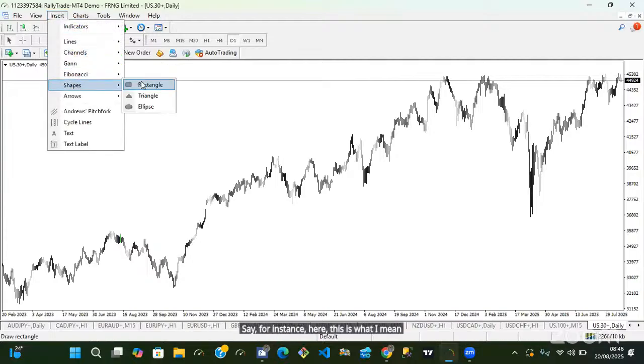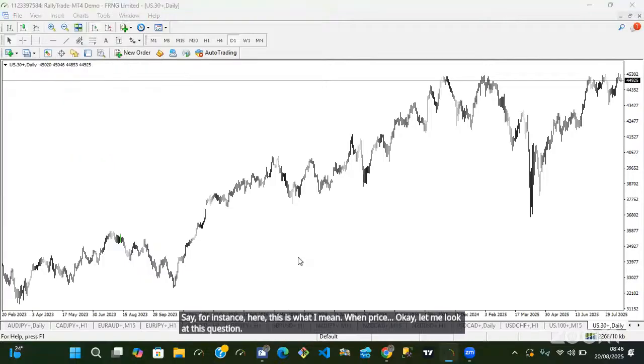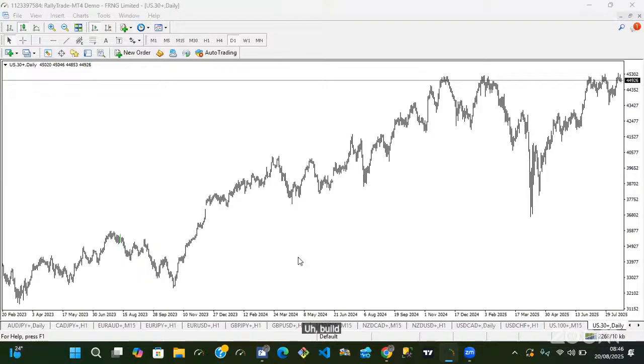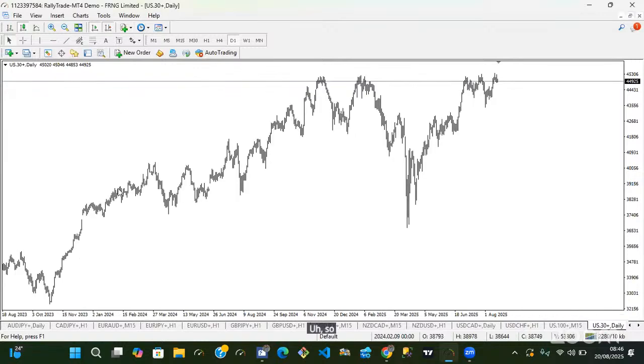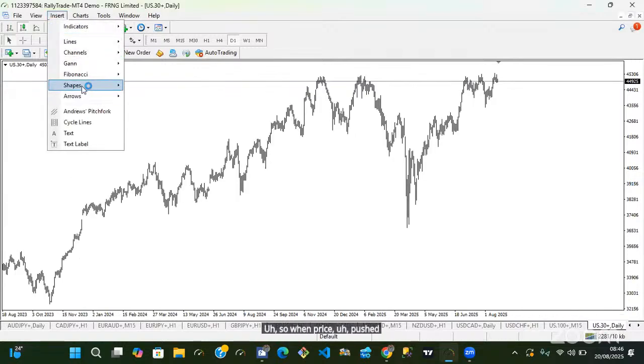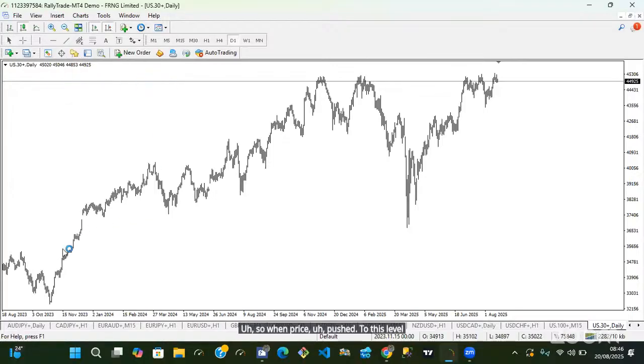Say, for instance, this is what I mean. Let me look at this question. Gold. All right, so when price pushed to this level here, this level is one.